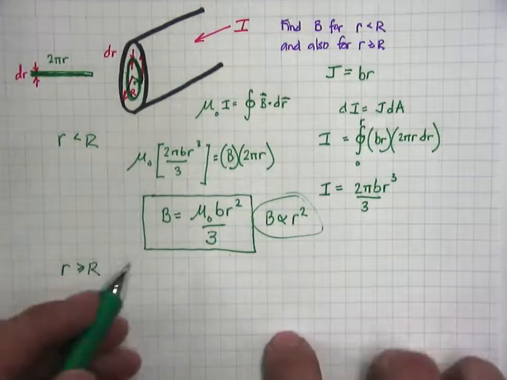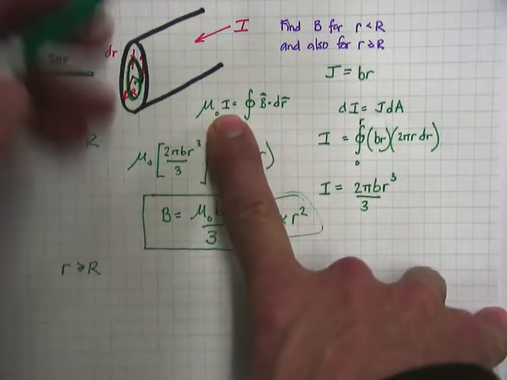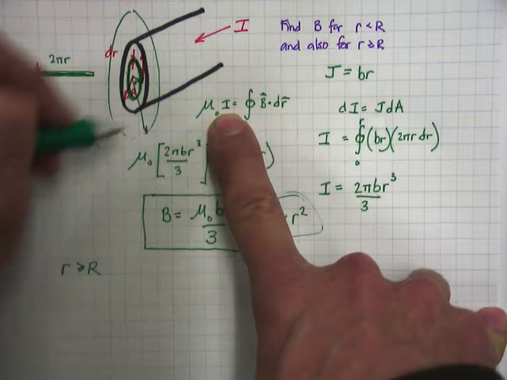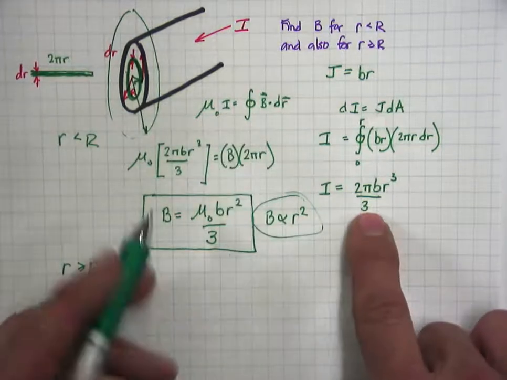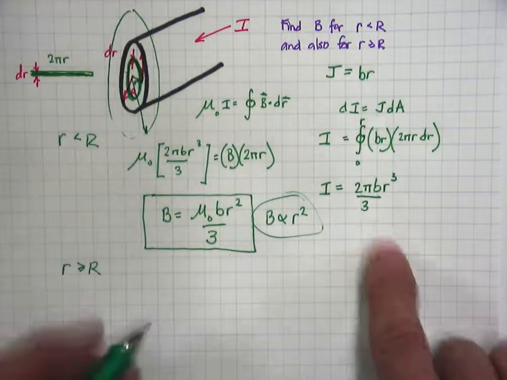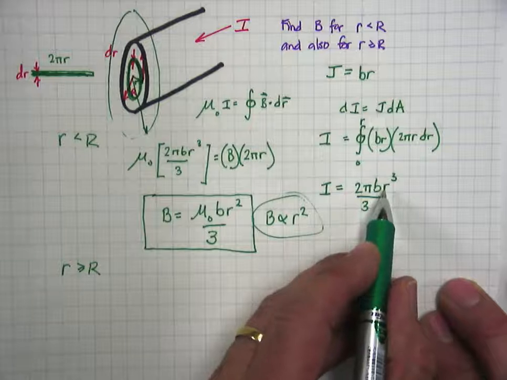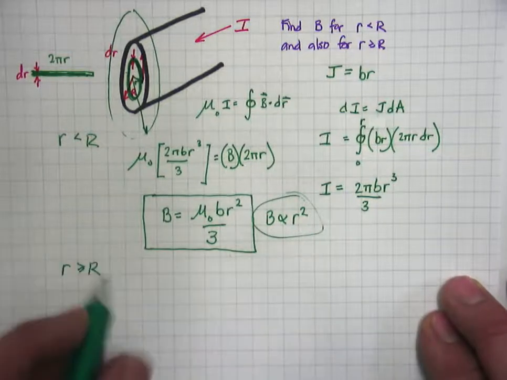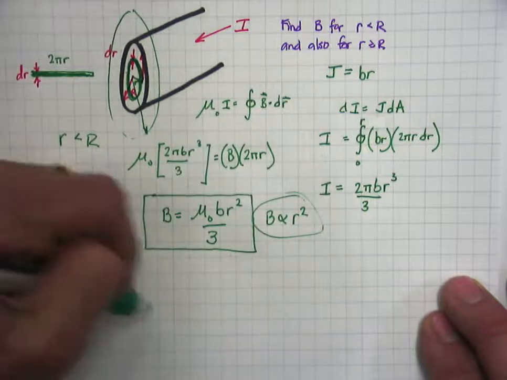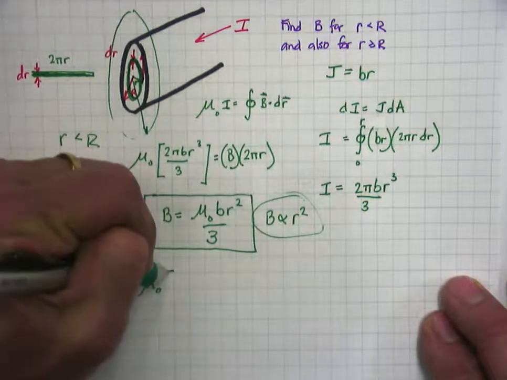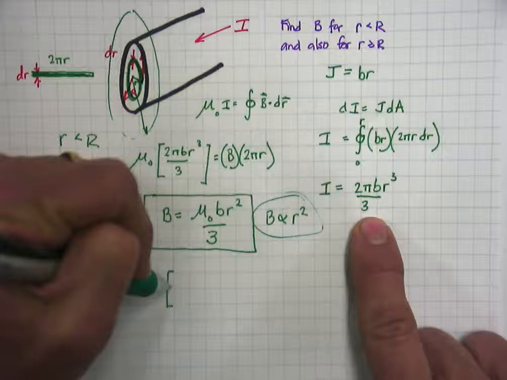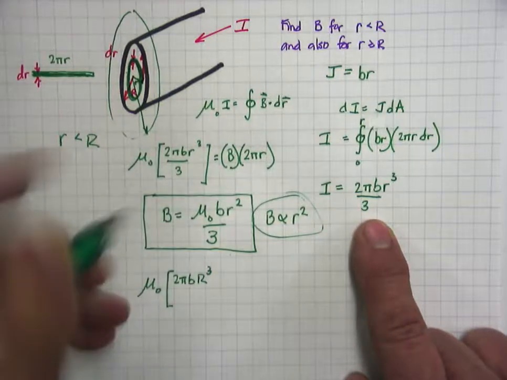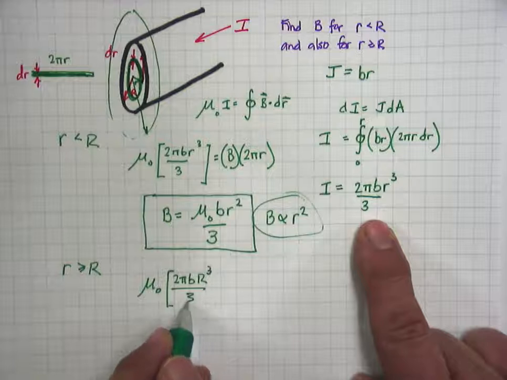So here we remind ourselves that any Amperian loop bigger than capital R is going to enclose the entire current carrying wire. And so that means our little r would actually be big R. And so let's keep that in mind whenever we use Ampere's law here. And we would simply say mu naught, and for I, it would be 2 pi b R cubed over 3.